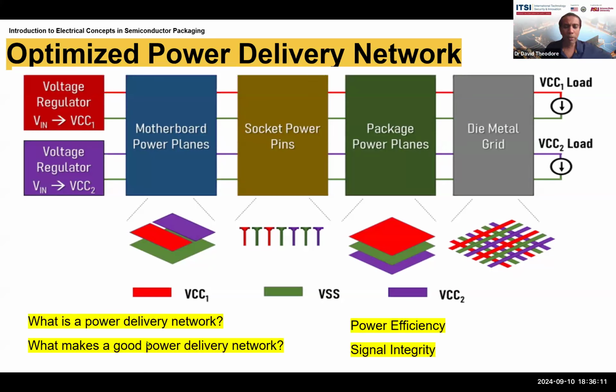So the power delivery network, its purpose is to deliver power through the motherboard, through the sockets, through the package, to the die. And the ideal situation is you have good power efficiency and good signal integrity.